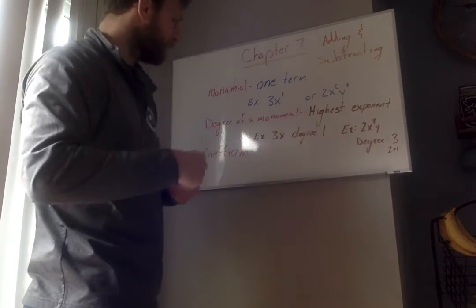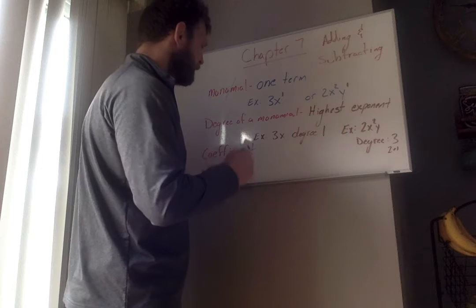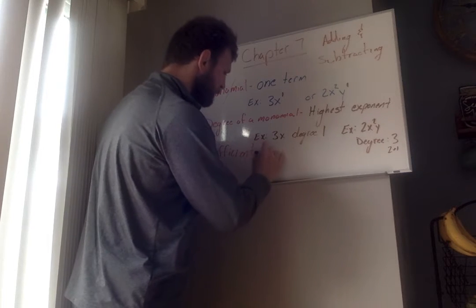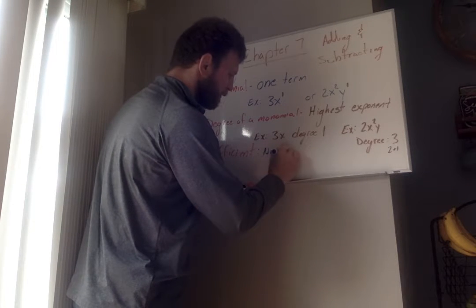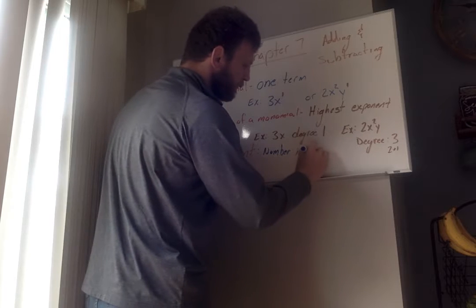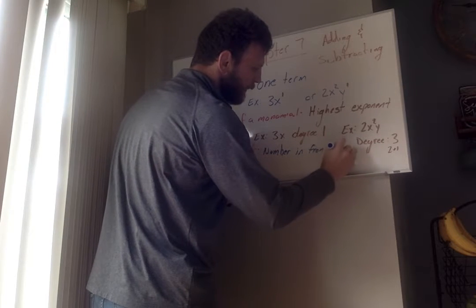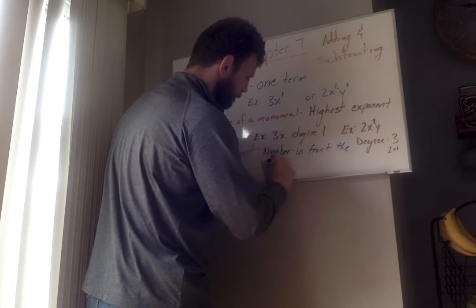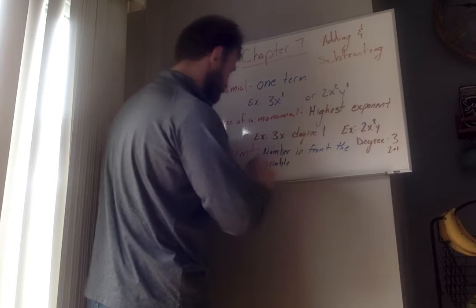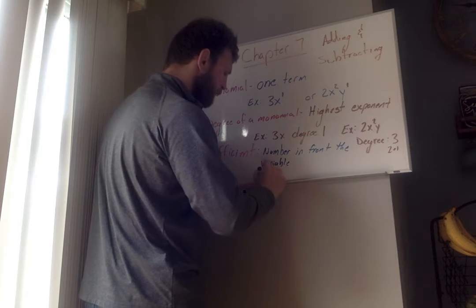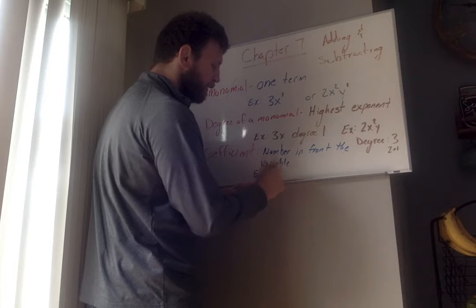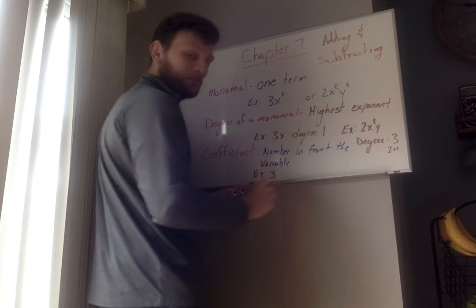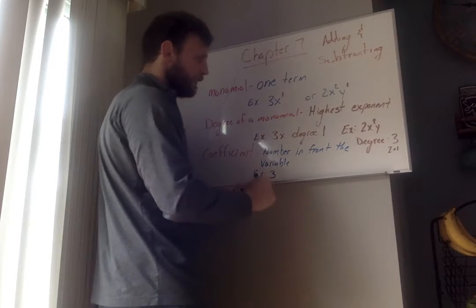Now, the coefficient is the number in front of the variable. So an example from up here, this would be 3. Notice 3 is in front of the variable.